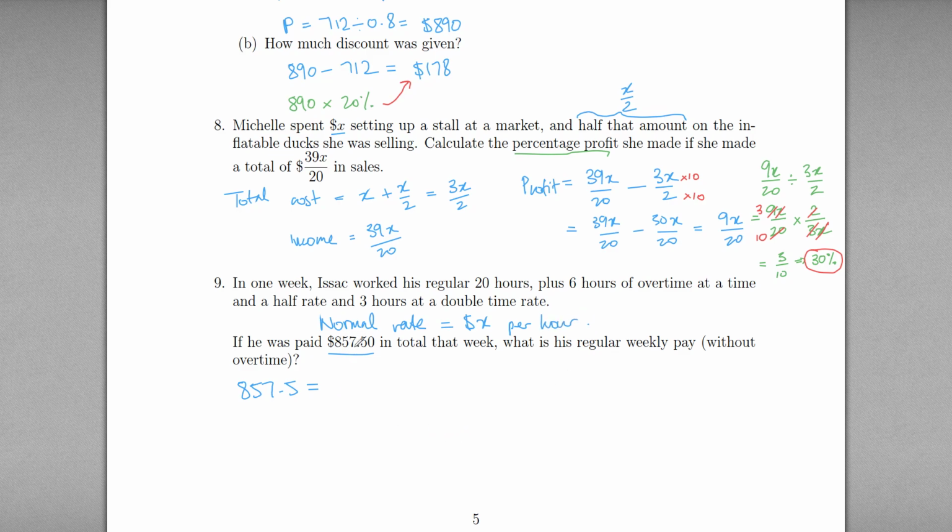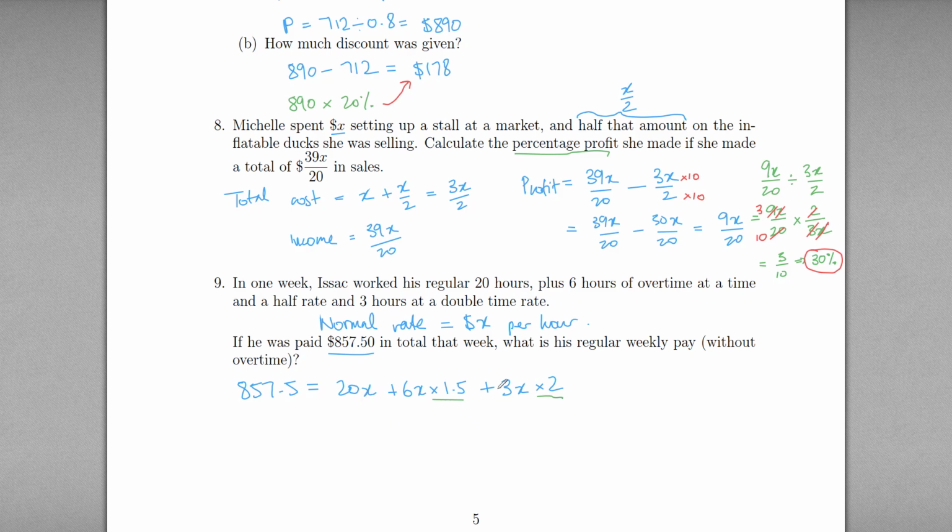So that means that this number must have come from working 20 normal hours, so 20x, and then 6 hours overtime at time and a half rate, so that means it'd be 6x, but at time and a half, so times 1.5, and then 3 hours at double time, so it'd be 3x, but then double time, so times by 2. Okay, so that's the overtime rates being applied here and there.